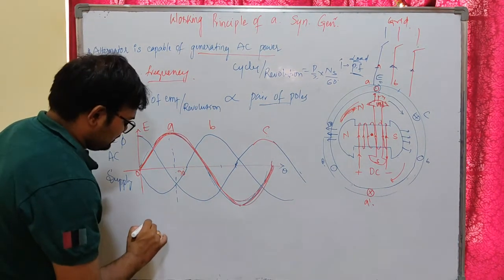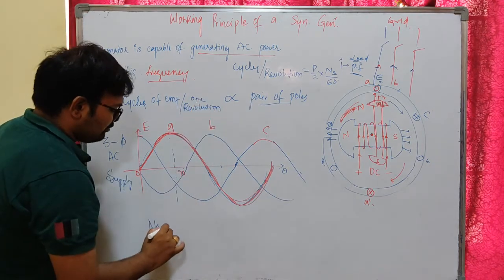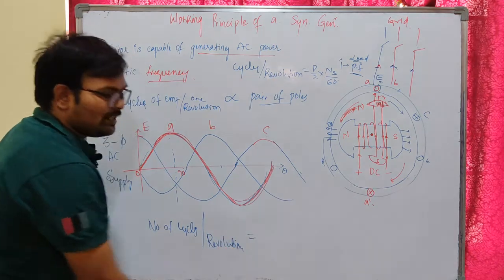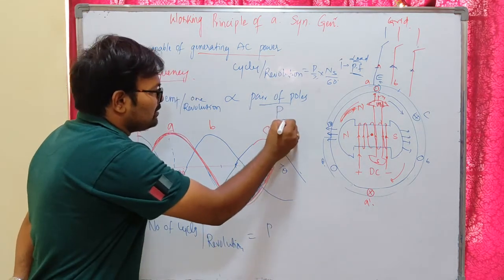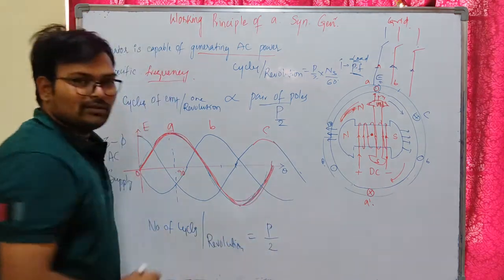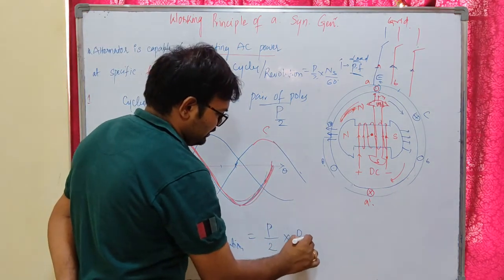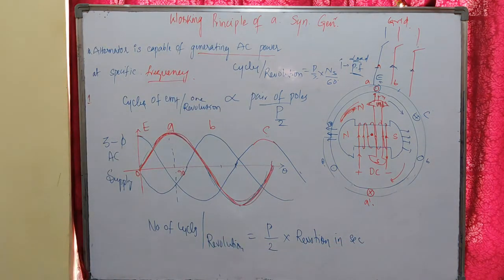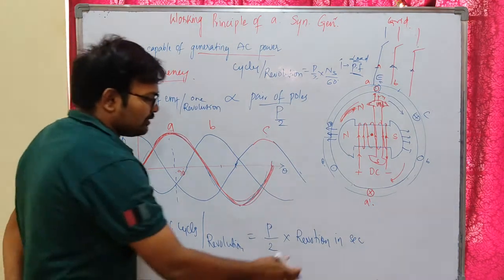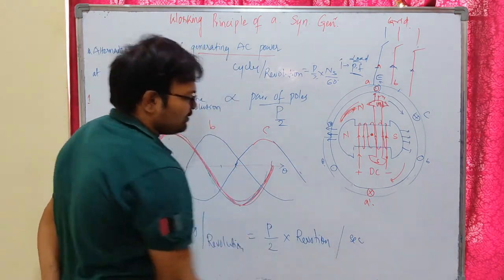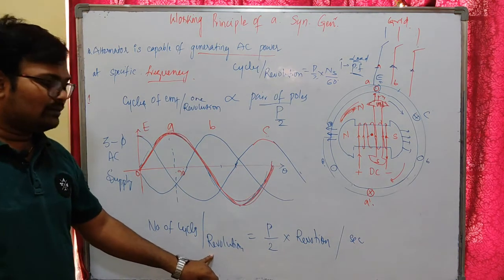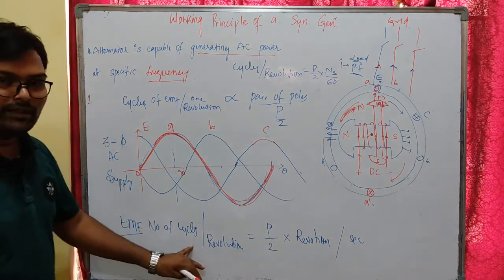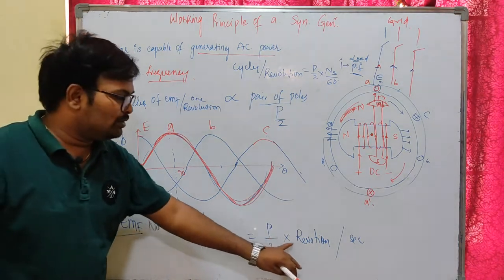The number of cycles per revolution depends on the pair of poles, that is P by 2, the number of poles divided by 2, into the revolutions per second. So the number of cycles per revolution of EMF generated is equal to the pair of poles into revolutions per second.